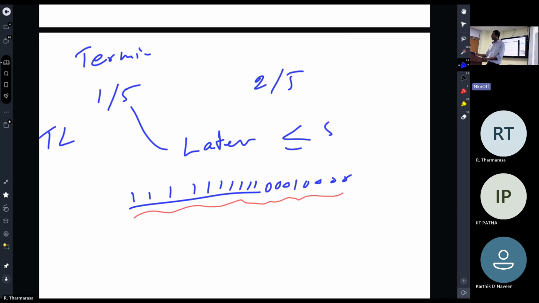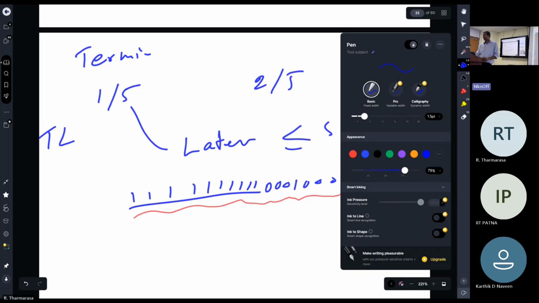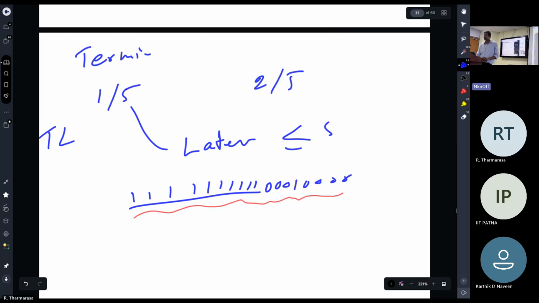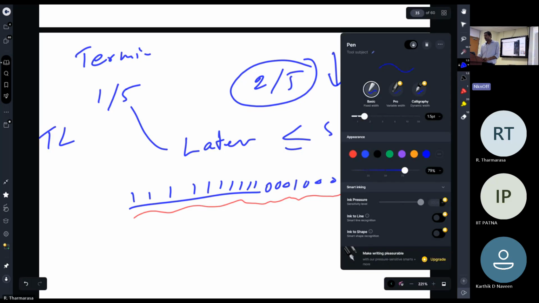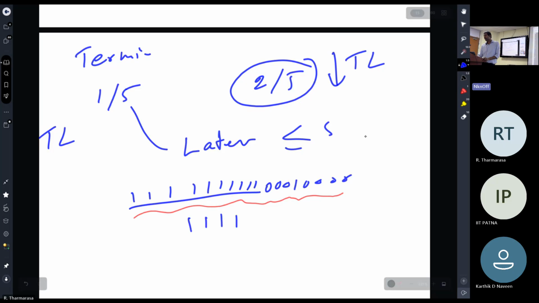But in this case, this is better in terms of less termination latency. Are you okay with that? So if we have 1 1 1 1 0 0 0, this is confirm, confirm, confirm, confirm.